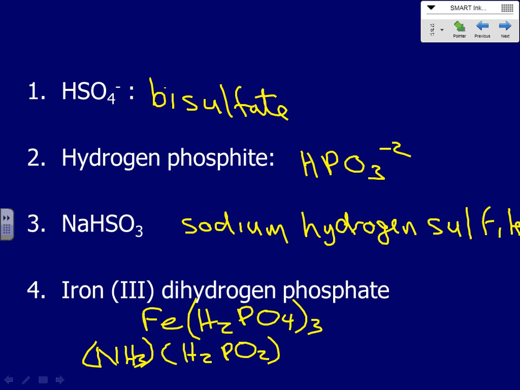The charge on the ammonium, all right, is +1. The charge on this is -1. And so that's the formula right there. It doesn't need the brackets, which means it actually would get written like this. NH3, H2, PO2.